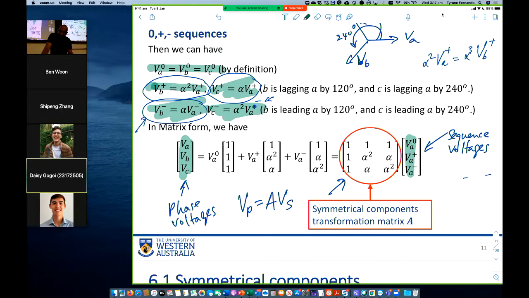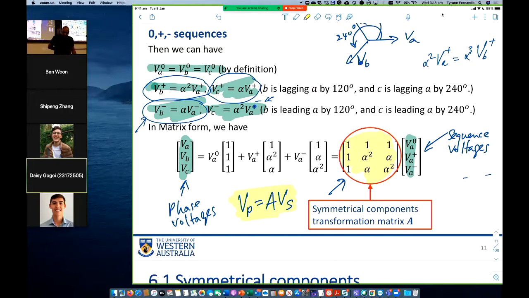That's the sequence voltages, right? The sequence voltages for A: zero sequence voltage of A, positive sequence voltage of A, negative sequence voltage of A. And what you see here is some matrix, some numbers. You know what alpha is, you know what alpha squared is. So we now have this relationship.